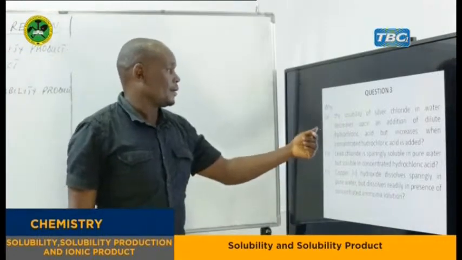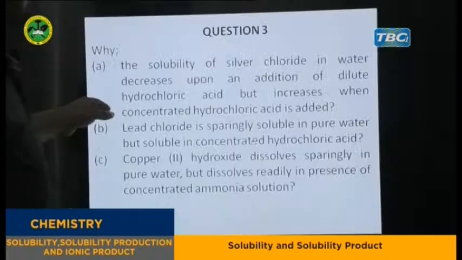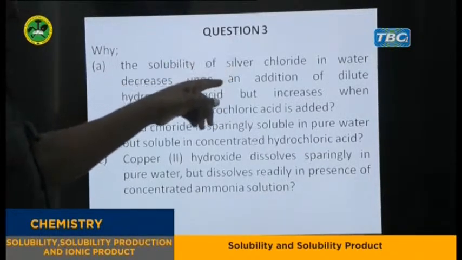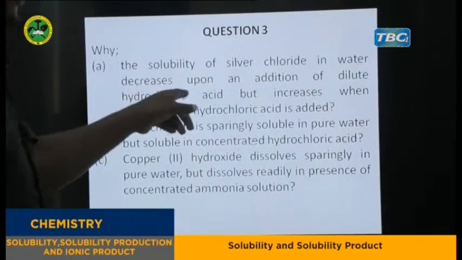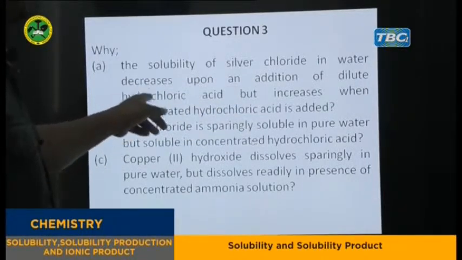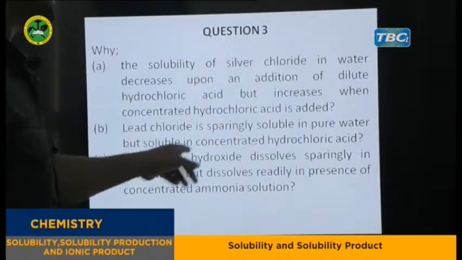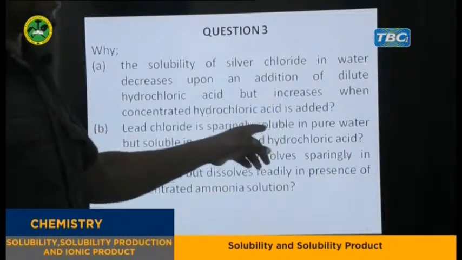So here the question is: why does the solubility of silver chloride in water decrease upon addition of dilute hydrochloric acid, but increase when concentrated hydrochloric acid is added?